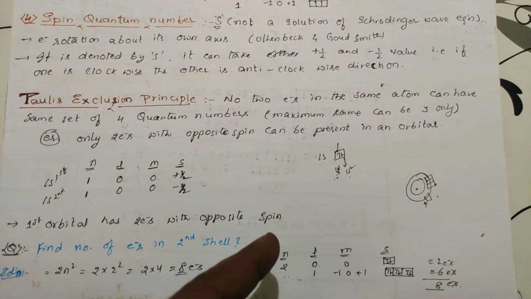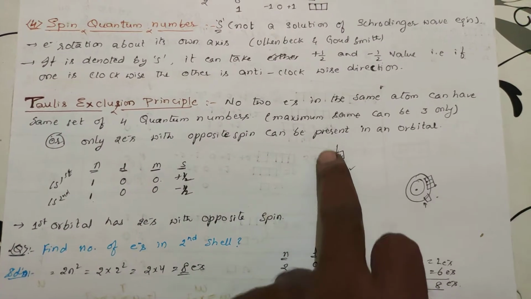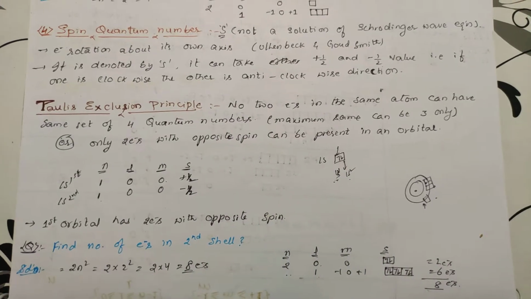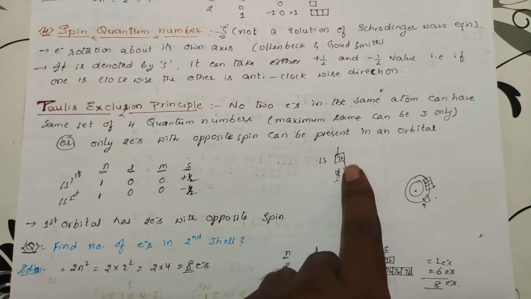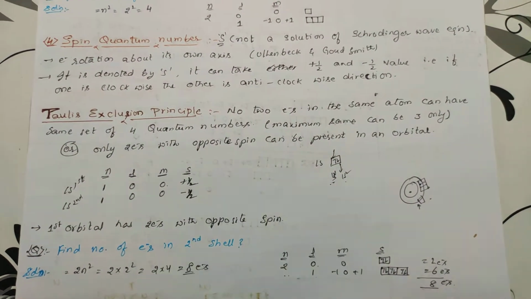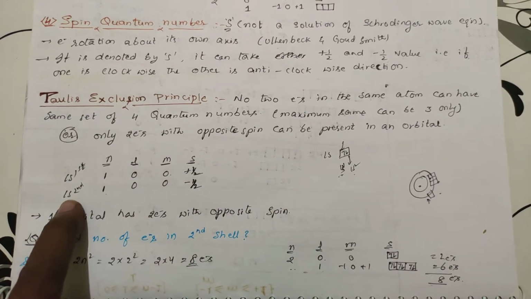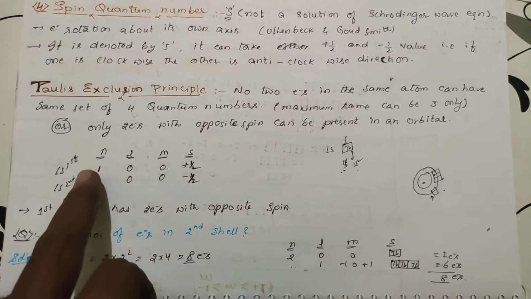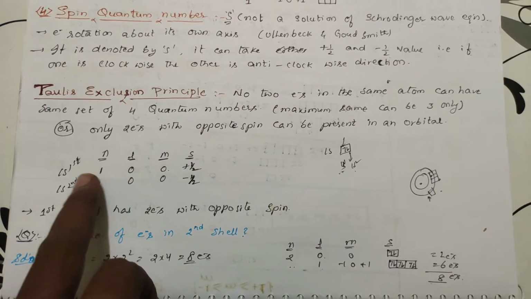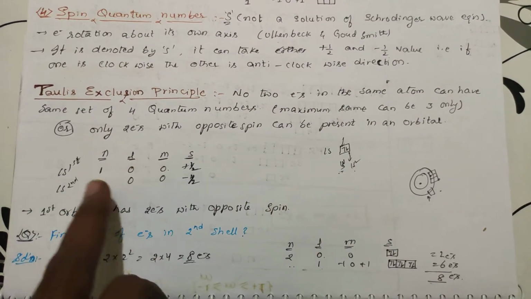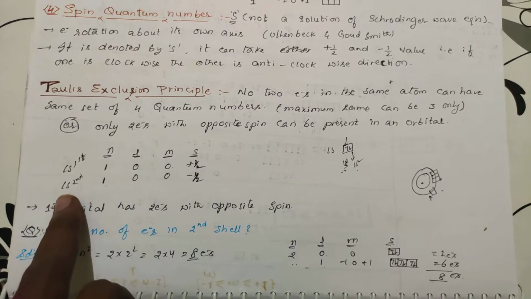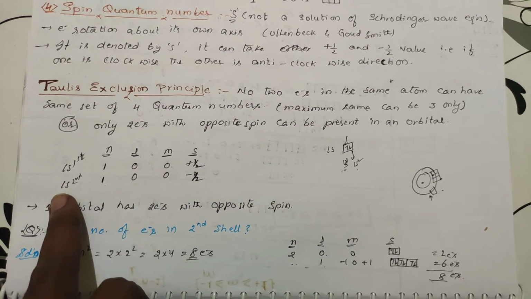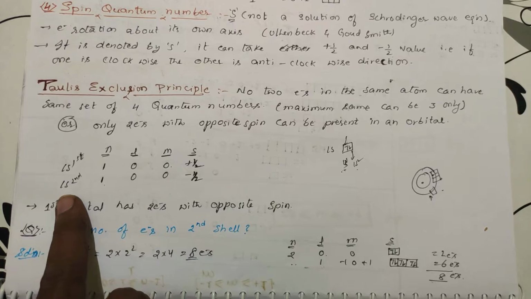Suppose I take the 1s electrons. 1s2 means in the first orbital you have 2 electrons. For each electron I am writing all the quantum numbers. For the first electron, 1s1 means n is equal to 1, l is equal to 0, m is equal to 0. For the second electron, n is equal to 1, l is equal to 0 as it is also an s orbital, and m is equal to 0 only.